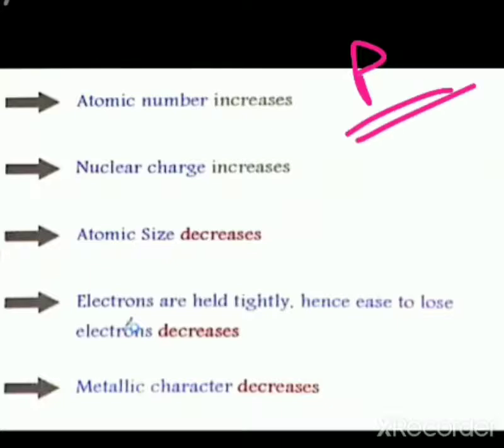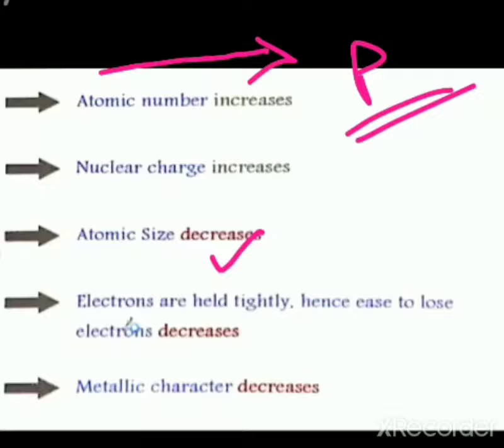You know the atomic number increases, then the nuclear charge also increases. Then your atomic size decreases, because moving from left to right your valence electrons increase in each step. So valence electrons are increasing, meaning the atomic size is decreasing.